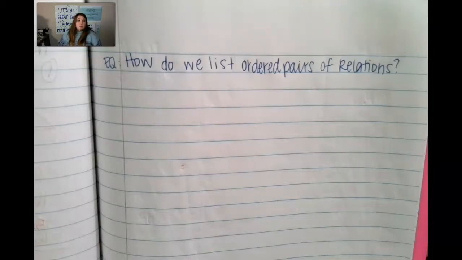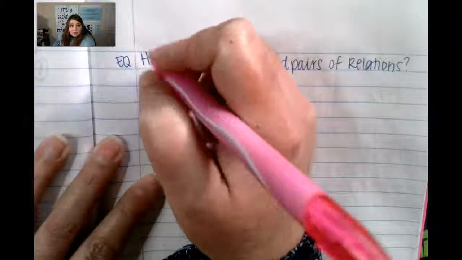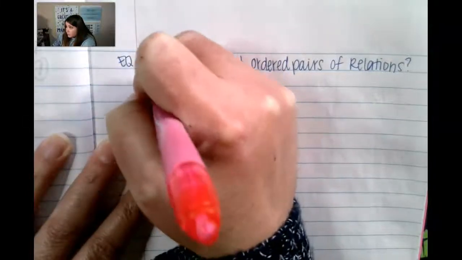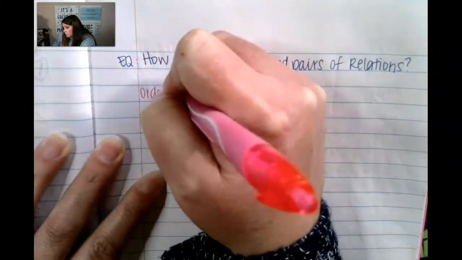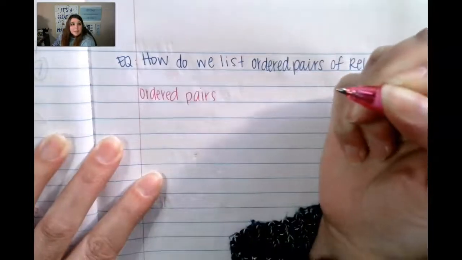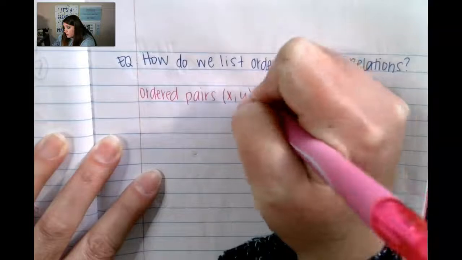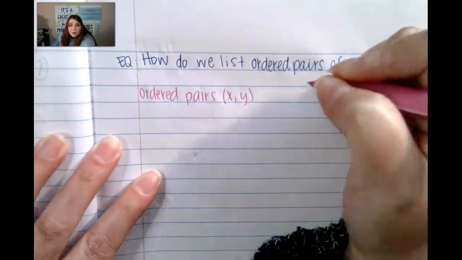So first of all, we want to talk about what is an input and what is an output in math. Well, it has to do with graphing. So ordered pairs like x and y can be used to show an input or an output.